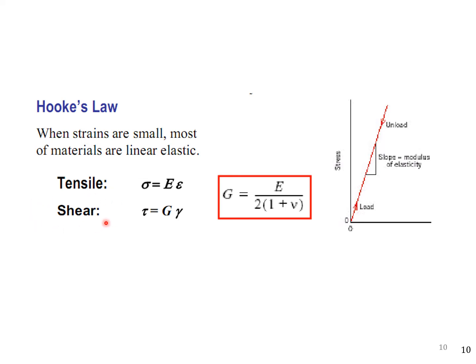And in case of shear loading, the ratio between shear stress and shear strain will be equal to G, which is a constant, we say rigidity modulus. The relation between tensile modulus and rigidity modulus, both of which depend on the material, is given here. So shear modulus is equal to Young's modulus divided by 2 times 1 plus Poisson's ratio.